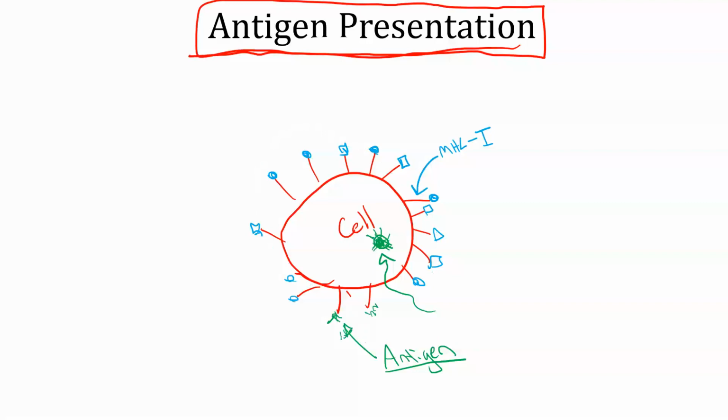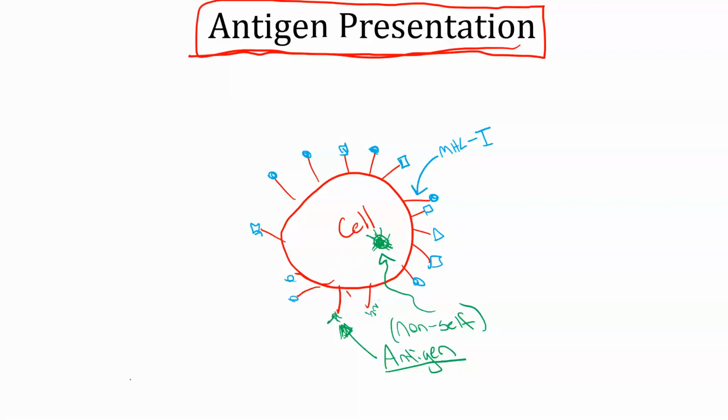And specifically, these antigens would be what we call non-self antigens. The rest of these are called self-antigens because they're bits and pieces of things that are supposed to be in the cell. Whereas this little viral particle is called the non-self antigen, and this is the one that's going to gain the attraction and the attention of the immune cells.